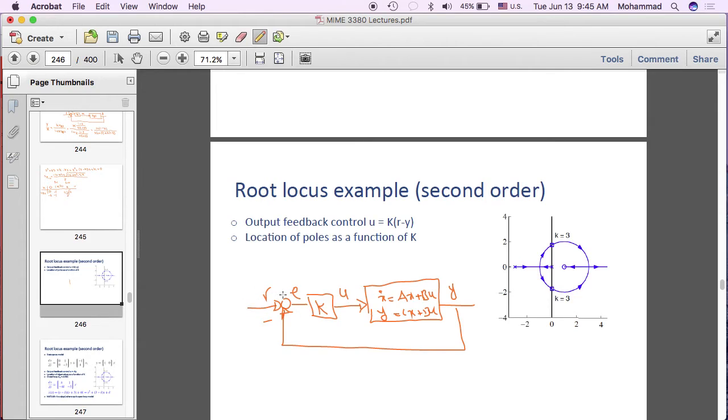Now, what is r, guys? What is r? Because it is the reference input. Is it 1, 2, 15, negative 29? What should r be? The answer is r can be anything you want.